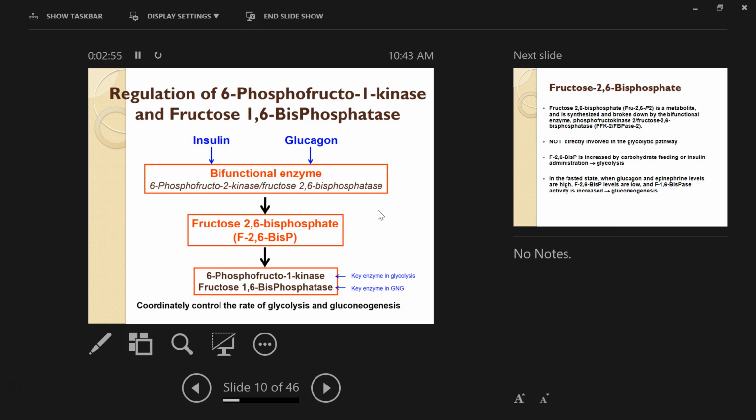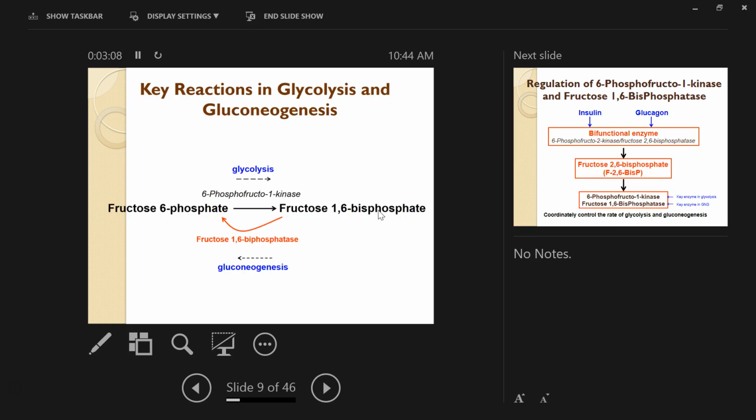You probably already noticed that these two enzymes are different from the key enzymes we just mentioned, fructose 1,6-biphosphatase or phosphofructose 1 kinase.